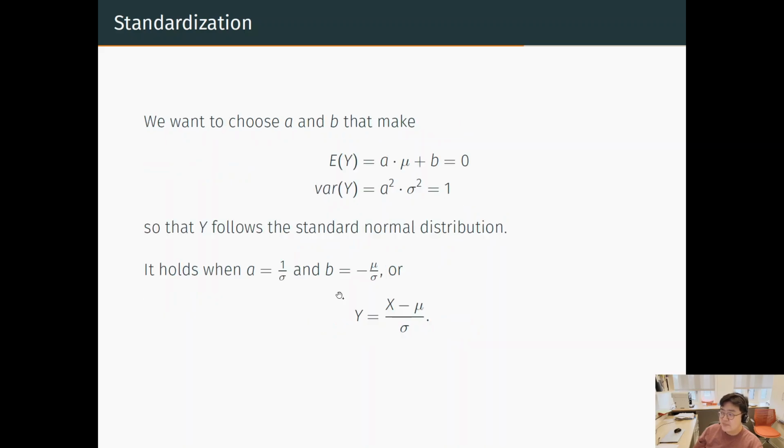A special case we want is when the new random variable is standard. That means the mean is 0 and the variance is 1.